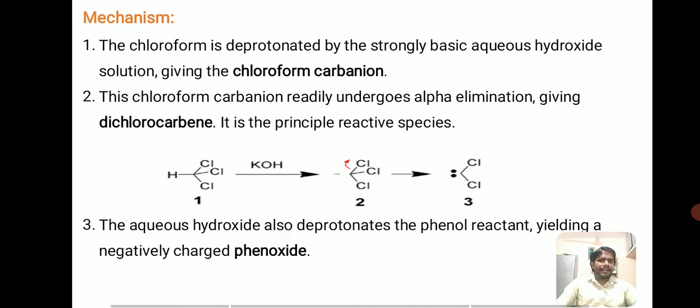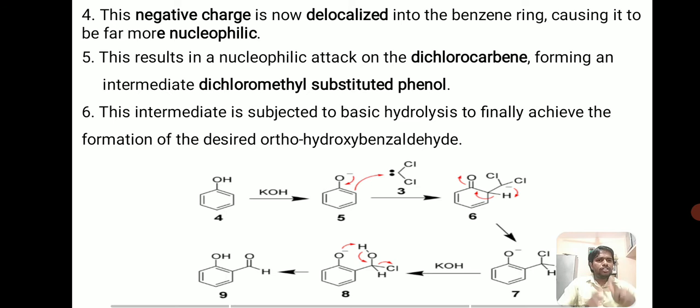In the next step, the aqueous hydroxide also deprotonates the phenol reactant, yielding a negatively charged phenoxide, compound number 5. This negative charge is delocalized into the benzene ring, causing it to be far more nucleophilic.